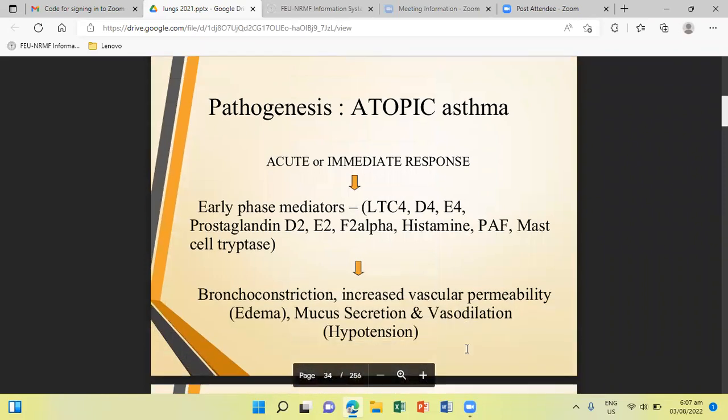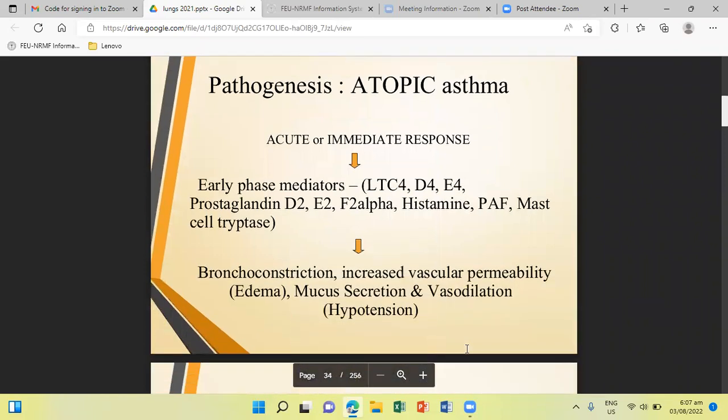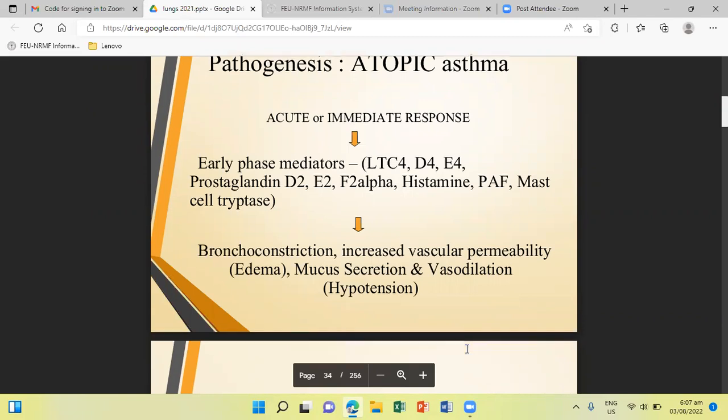So we have again the early phase mediators, the effects of which are dominated by bronchoconstriction, increased mucus production, vasodilatation, and increased vascular permeability. Again, it is triggered by direct stimulation of subepithelial vagal parasympathetic receptors through both central and local reflexes.